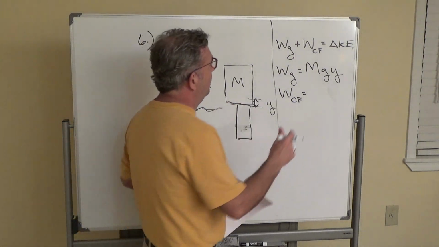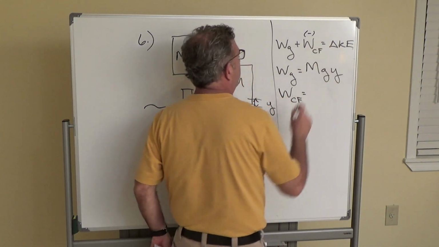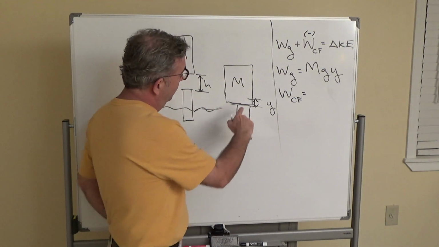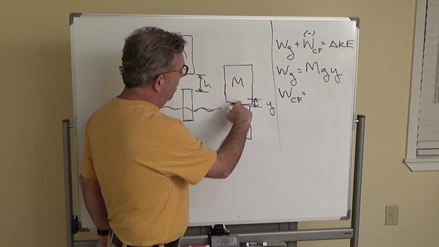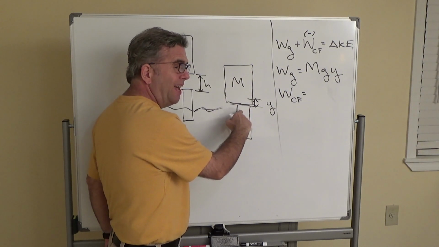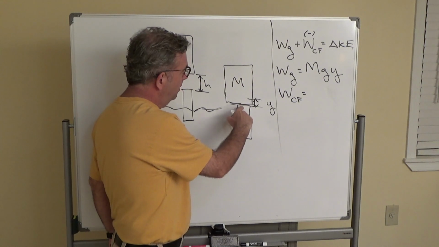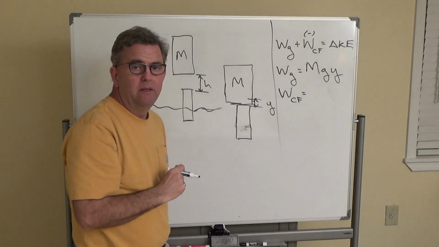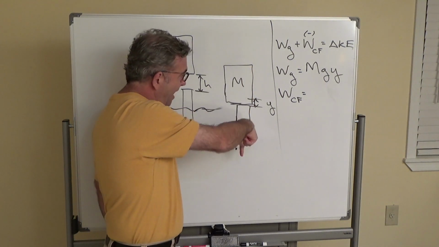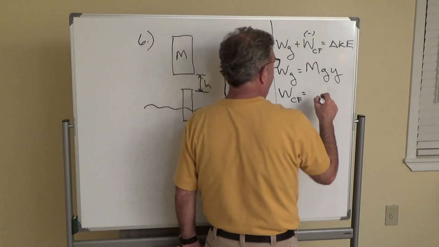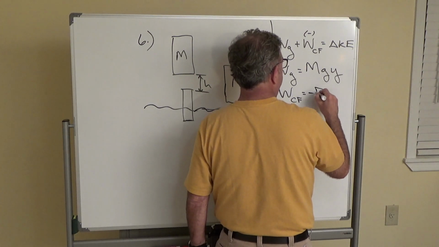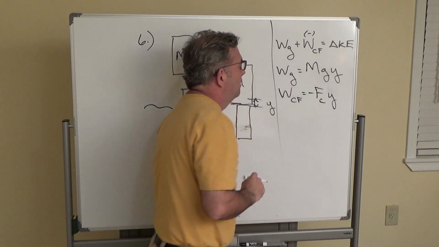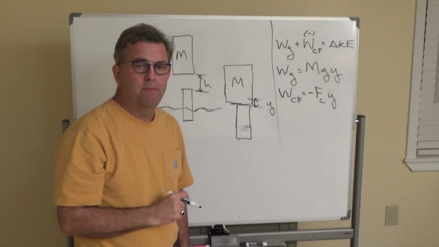That did a negative amount of work, right? I didn't draw the free body diagram, but if I look at the force acting on big M from contact with the post, then that force was in that direction. The displacement was that way. So the work done by the contact force is negative Fcy. Okay?